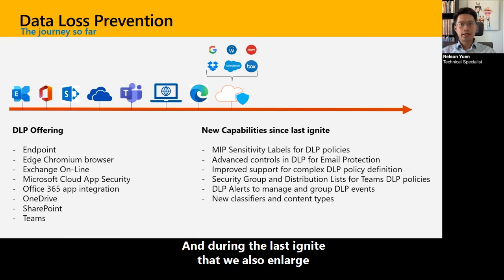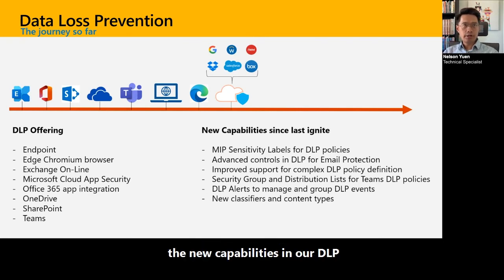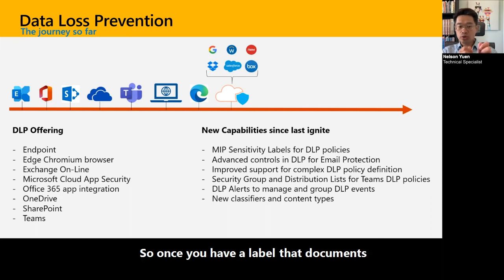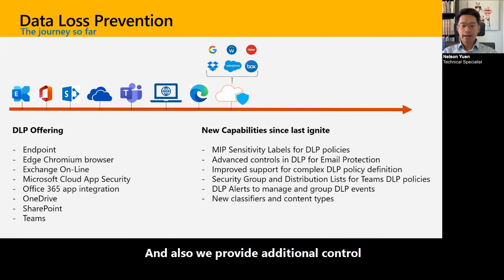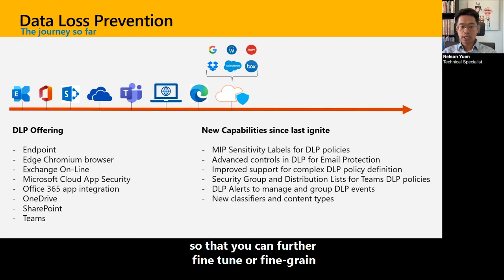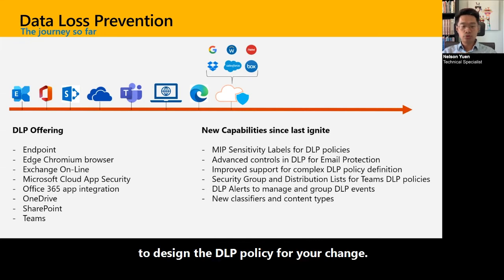And during the last Ignite, we also enhanced the new capabilities in our DLP. For example, we support a sensitivity label as a condition in the DLP policy. So once you have a label on the documents, you can configure a DLP policy to trigger. And also we provide additional control in the email DLP policy so that you can fine-tune and design the DLP policy for your Exchange.